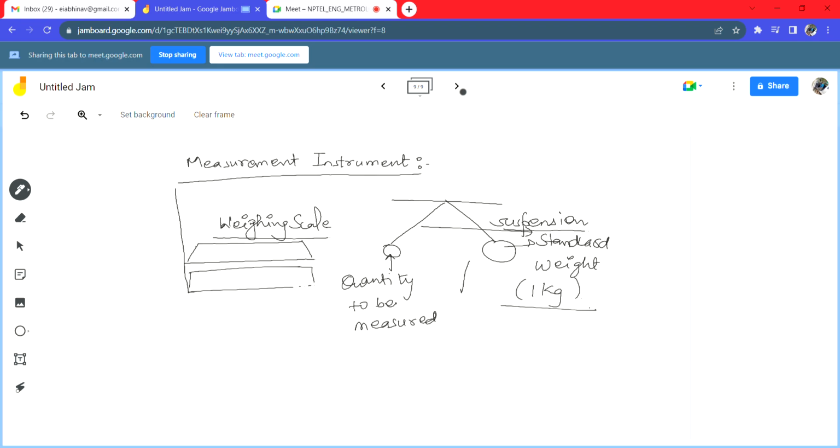Now again, we were doing a comparison over here. Now this comparison was being held in the form of suspension in the string.